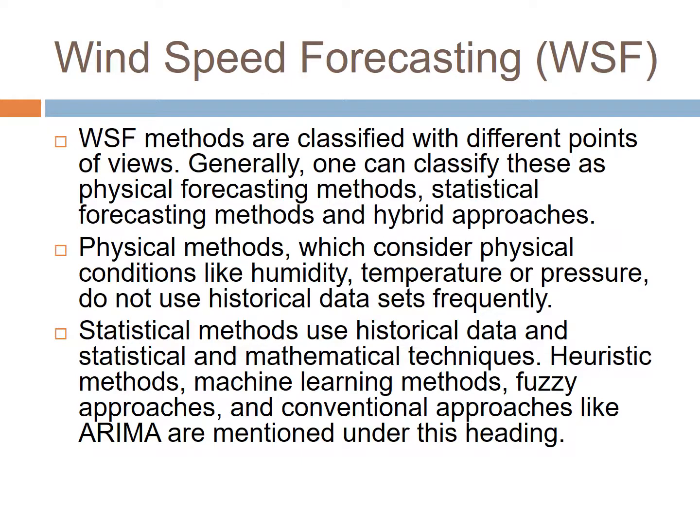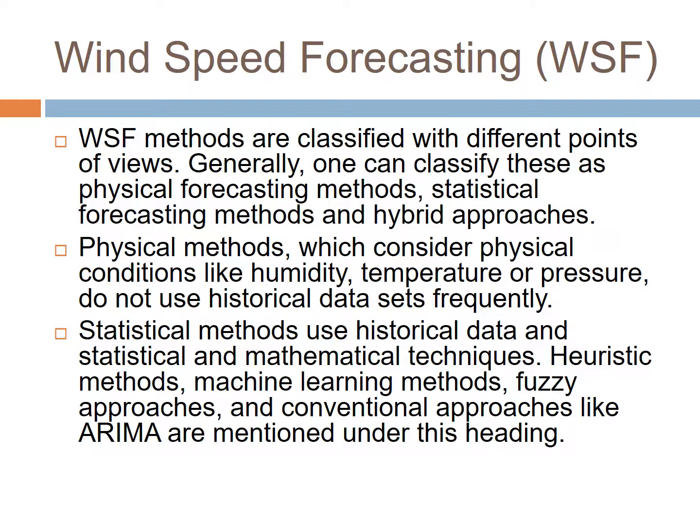If you look to the literature about wind speed forecasting methods, we will see that there are many applications. Also, there are some novel applications on wind speed forecasting. Generally, we can classify these methods as physical forecasting methods, statistical forecasting methods, and hybrid approaches.